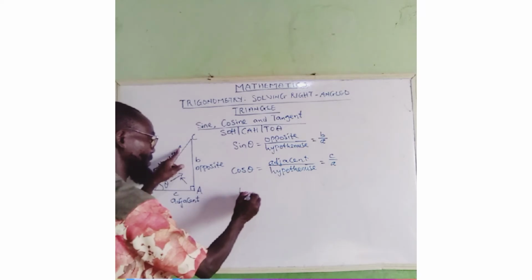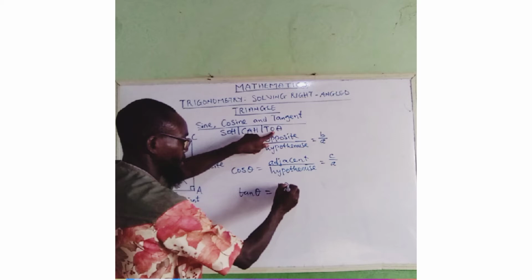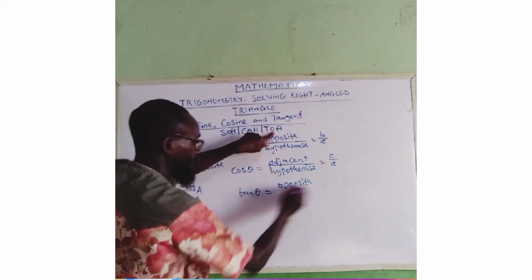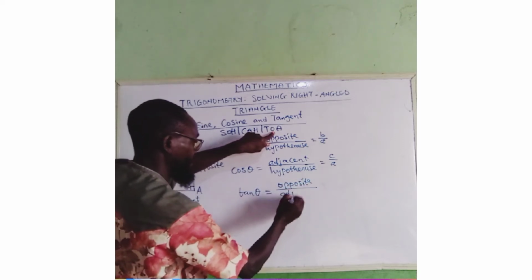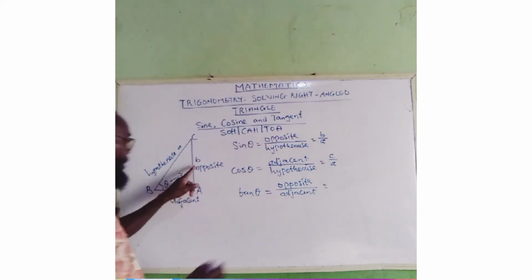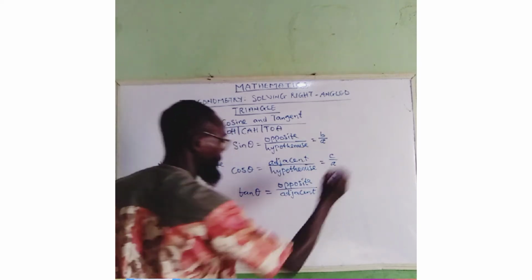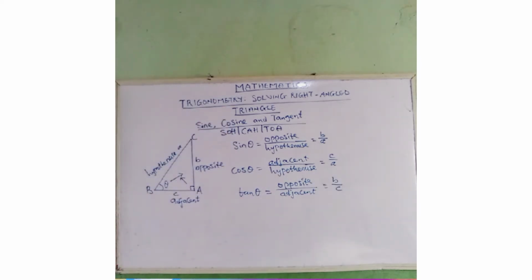Then tan theta will equals to opposite divided by adjacent, which is equals to our opposite here is small letter b divided by our adjacent here is small letter c. So here we are able to derive the trig ratio for sine, cosine, and tangents.